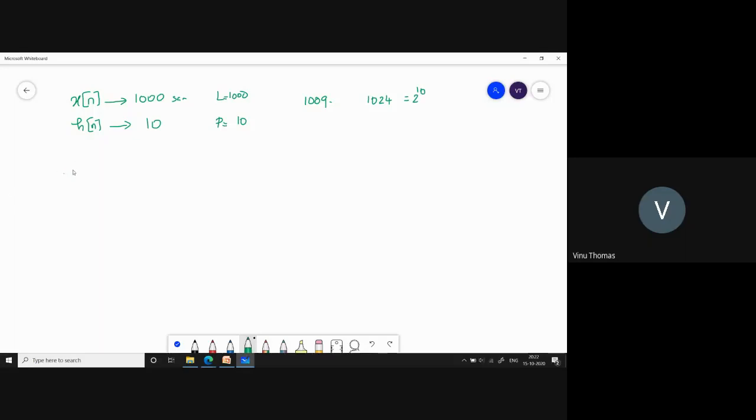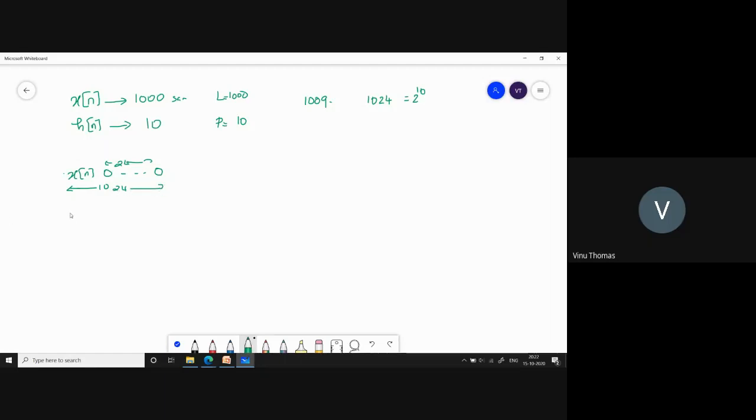So what we will do is, we will have x(n), and after that we will put many zeros. So how many zeros we have to consider? We will put 24 zeros. So this will make the total length equal to 1024.